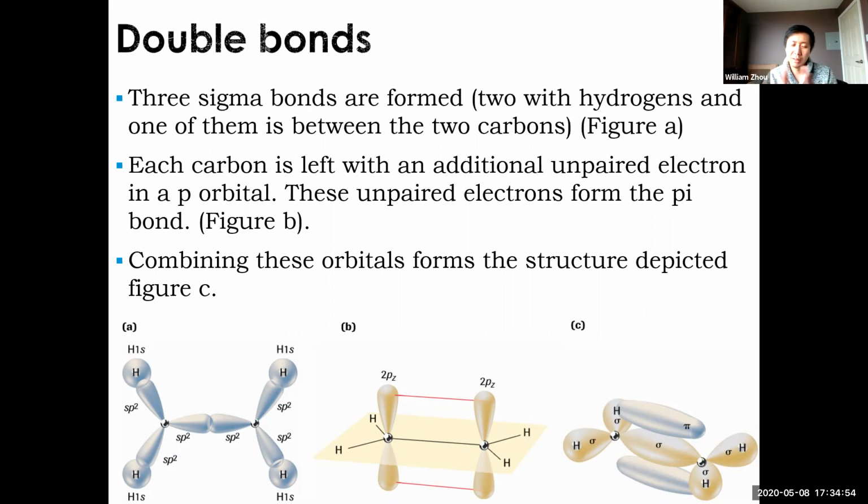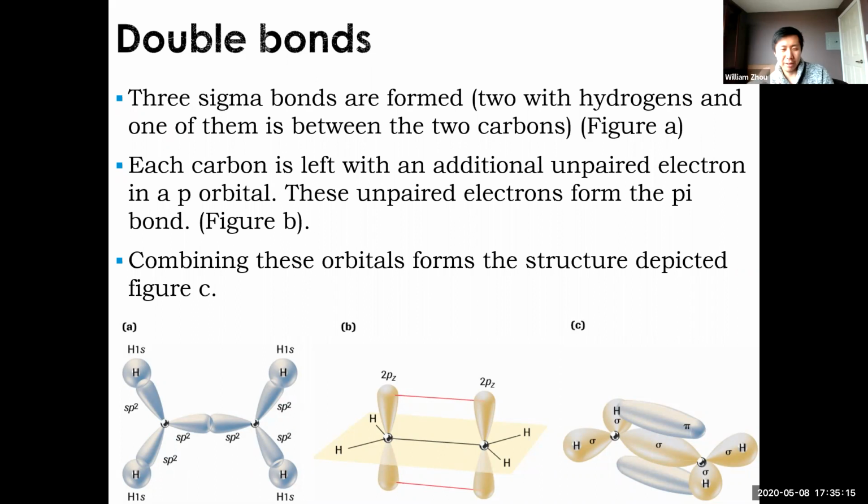It's like, hey man, you want to just hang out? So they actually will hang out in the sense that they will overlap side to side and form a pi bond. And figure C is the combination of figure A and figure B after having formed all of those bonds.